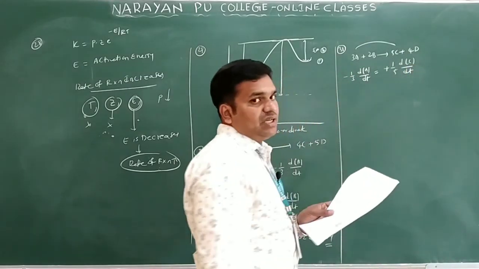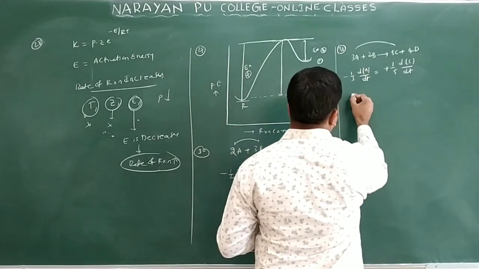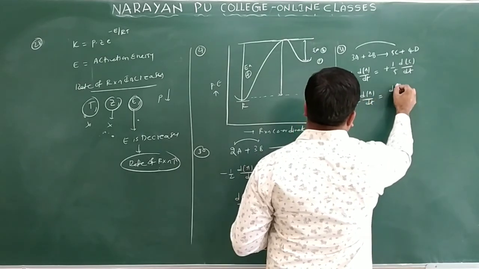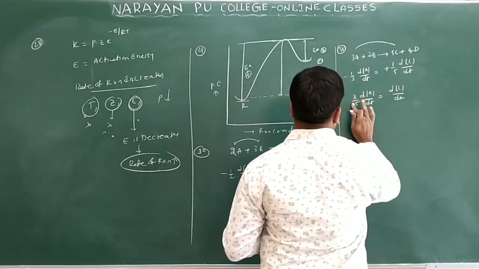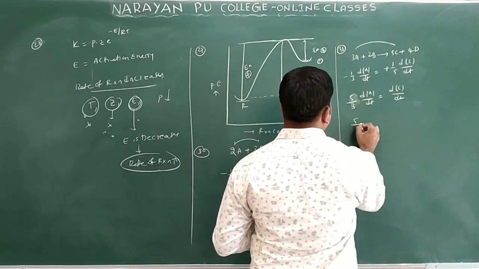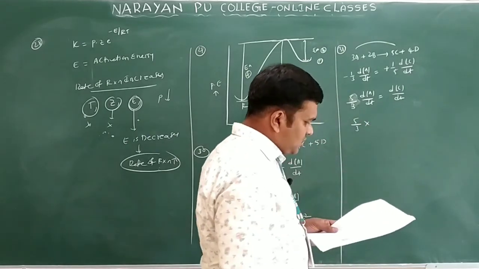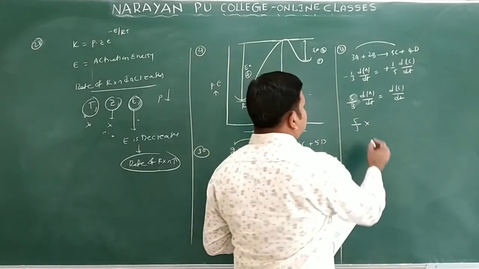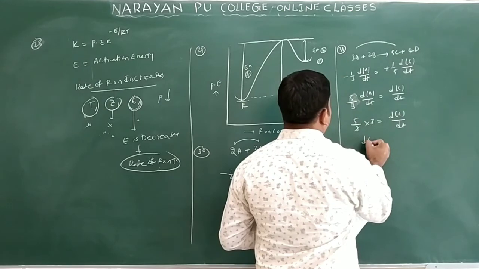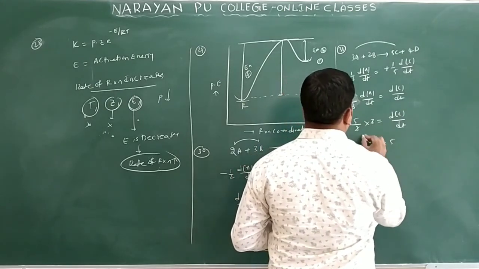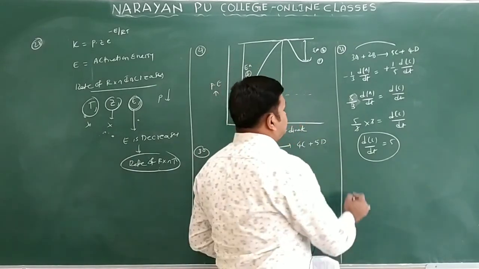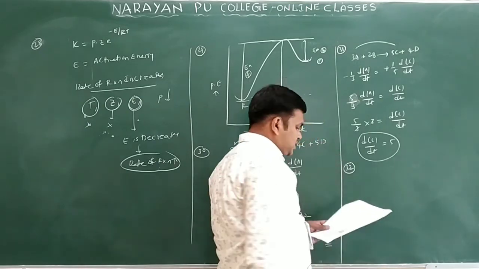They are asking for the formation of C. So I want to write this one: d[C]/dt is equal to, sorry, this is 5 by 3, into the rate of disappearance of A, which is already given as 3. So 5 by 3 into 3 is equal to d[C]/dt. Here the 3 cancels. What will you get? d[C]/dt is equal to 5 atmosphere per second. So that is for question 31. Next you can see question 32.